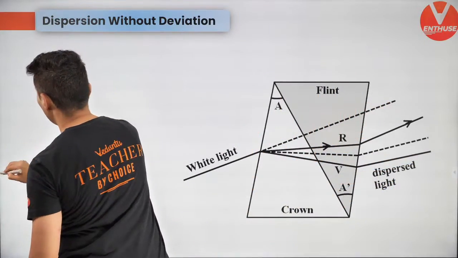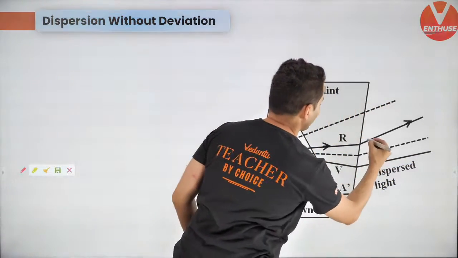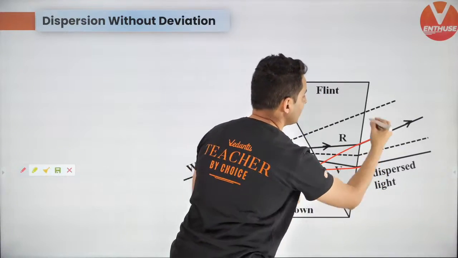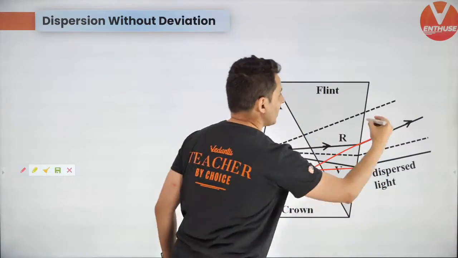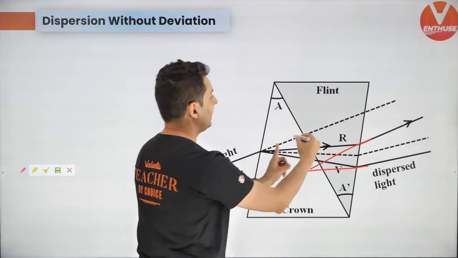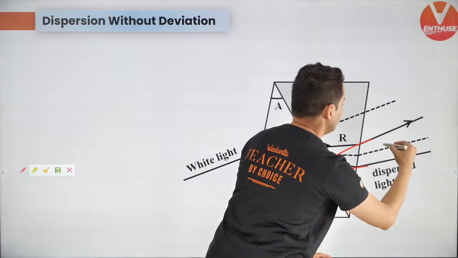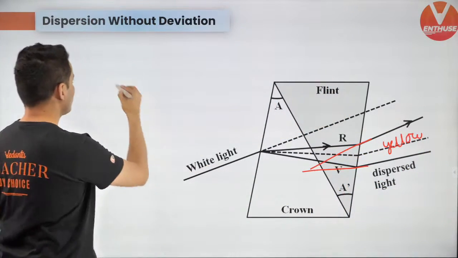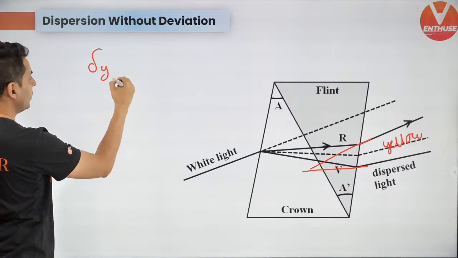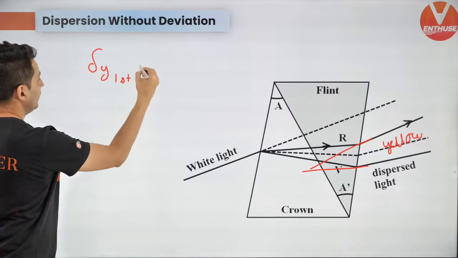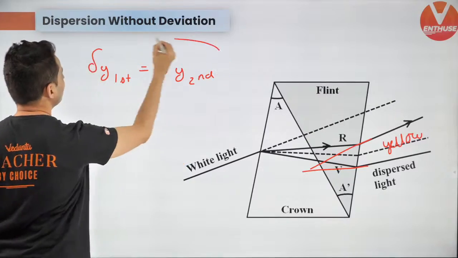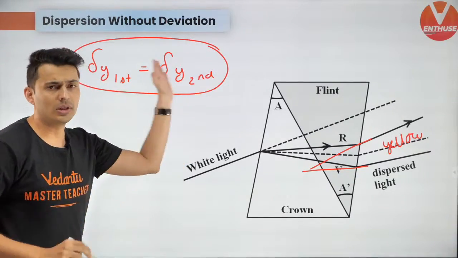You can see that very clearly. If this was the white light, this is how it was going. This is the yellow light, which is the average color. So the delta of yellow in the first prism should equal the delta of yellow in the second prism. This is the condition. That's all you need to remember.